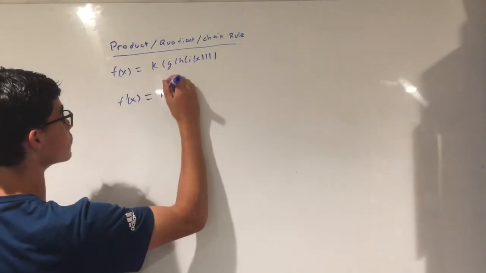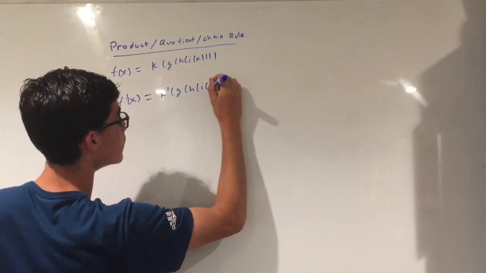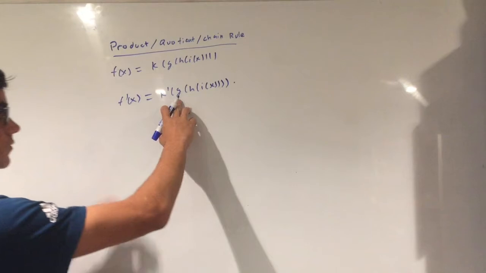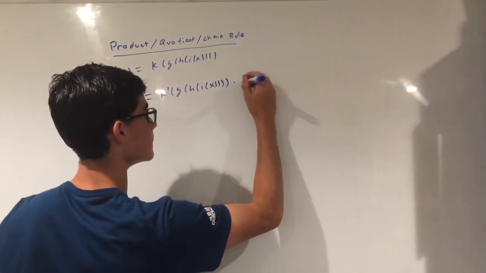So we'd have k prime of, keeping the same things inside, times, now we take away the k layer and we take the derivative of the inside layer.